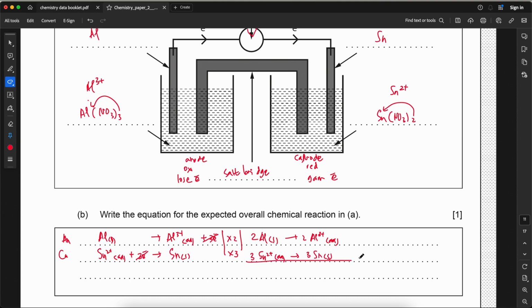You just add them, so that would be 2 Al solid plus 3 Sn2+ aqueous becomes 2 Al3+ aqueous and 3 Sn solid.